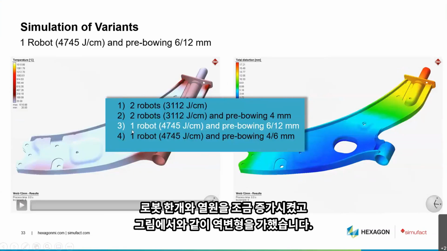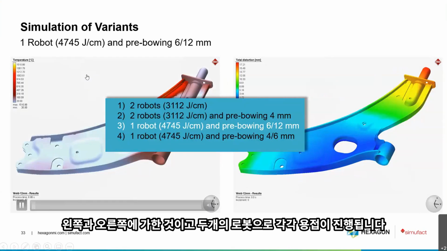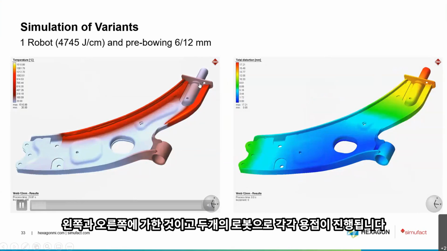So we shift to one robot with a slightly increased energy heat input, and we have a varied pre-bowing. If there are two figures, this means on the left and the right side. So again, here you see this is two robots. The welds are produced one after the other.